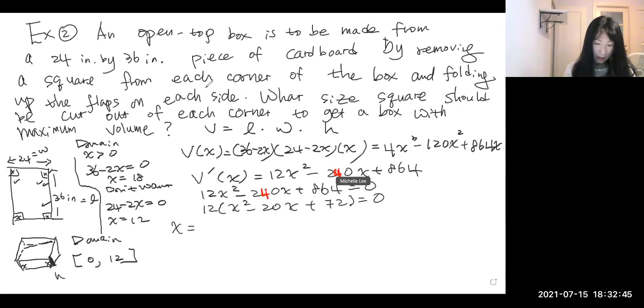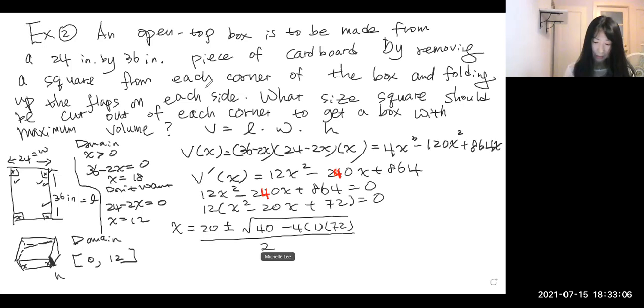All right. So quadratic formula, negative b. So we have a positive b plus or minus the square root of b squared, which is 240 squared, and minus 4 times a times c, all over 2a. Okay. Now inside we have 112 over 2.